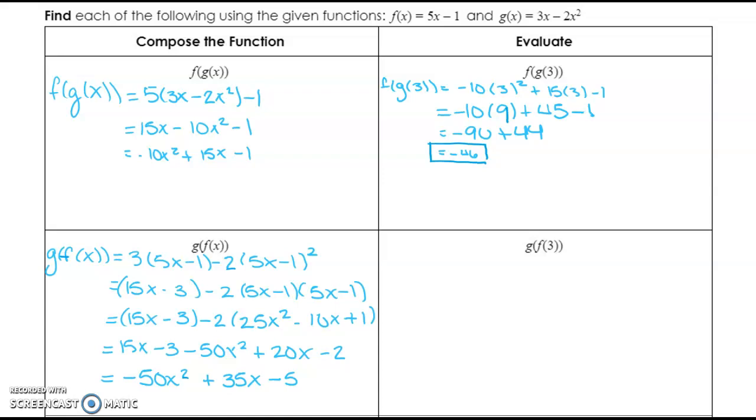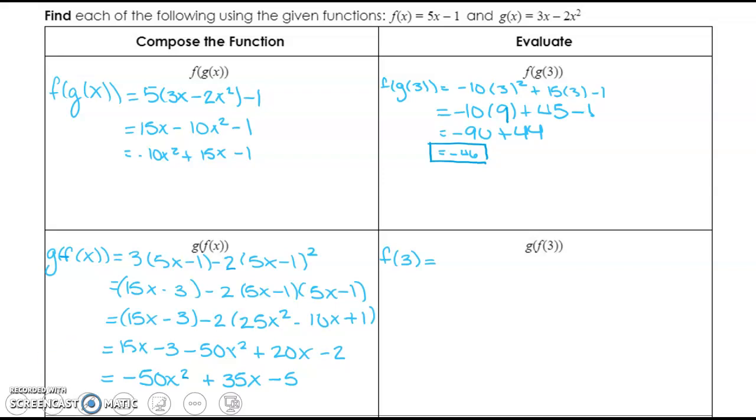When you are evaluating, there are two different ways that you can do this. You can do this like we did before in the first problem, but you can also take the inside function and evaluate at 3. So at x equals 3 for the inside function. So we're going to take f of 3 and evaluate there.